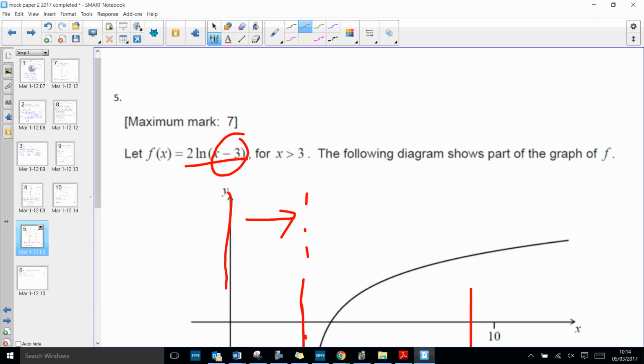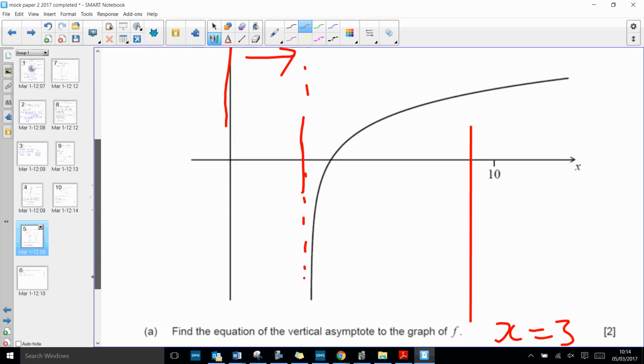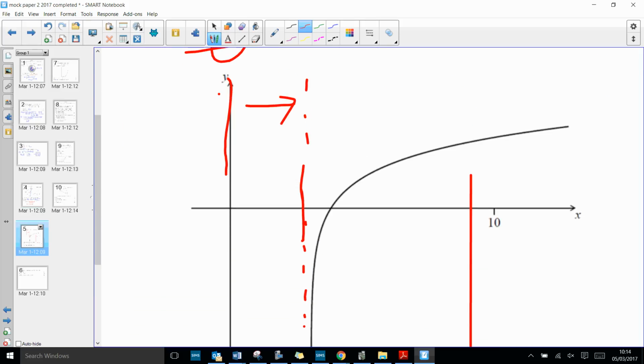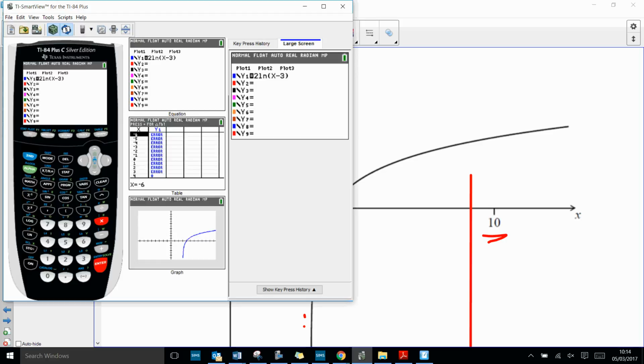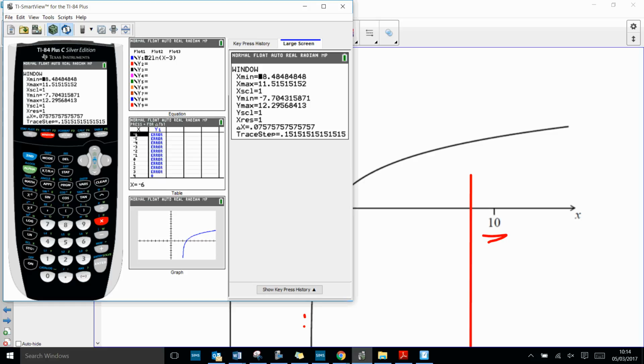Best thing is to view what we can see here. We don't know the y range, but we want to go up to at least 10 on the x-axis, so we'll check our window. Let's go from -2 to 12, and up to 5, and see what that looks like.